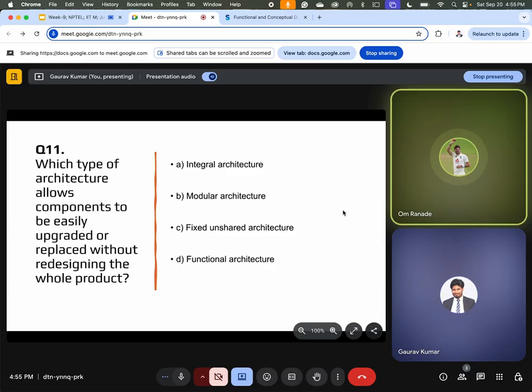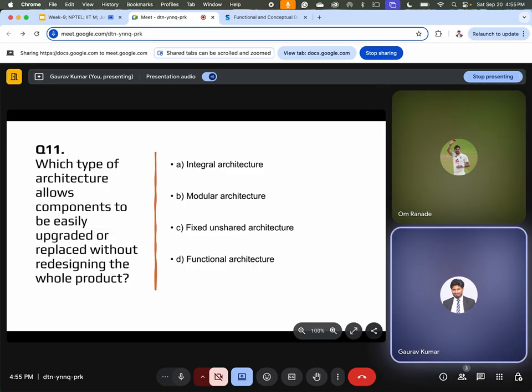B. Modular architecture. Okay. Yes, correct. So, modular architecture is designed with well defined interfaces between modules, which allow components to be swapped, upgraded, or replaced independently.